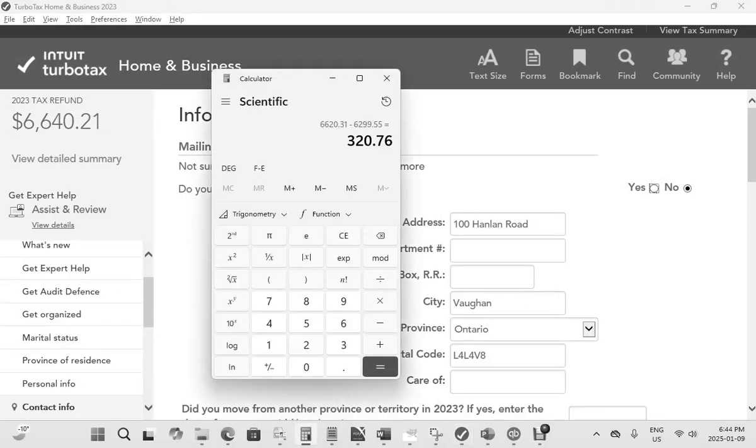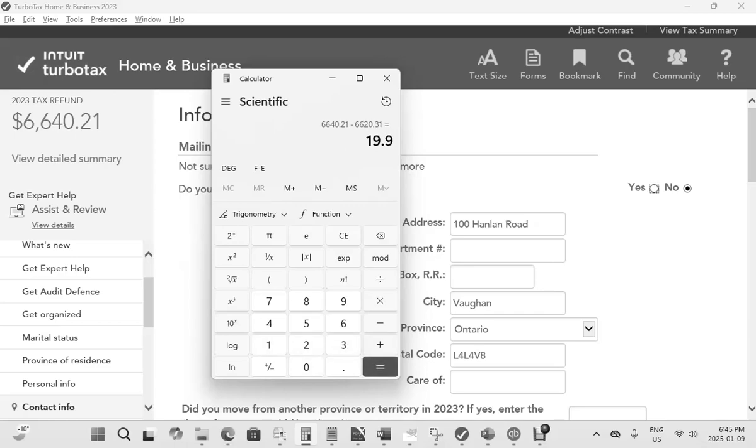So you do the math. Let's say your tax refund was $6,620.31. Let's do the other way around. $6,640.21 take away $6,620.31.